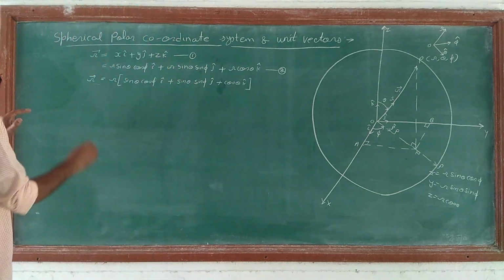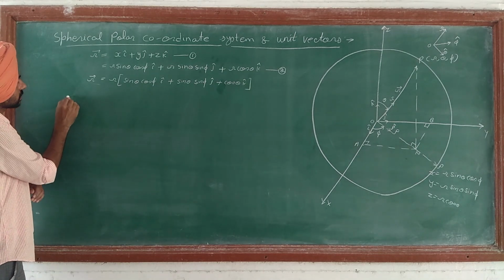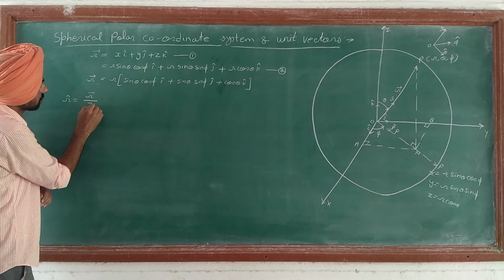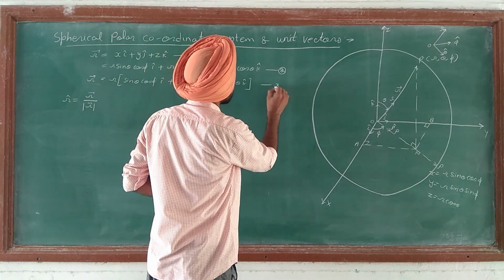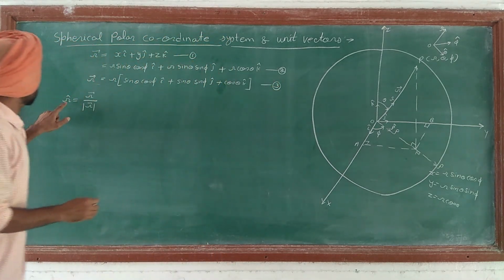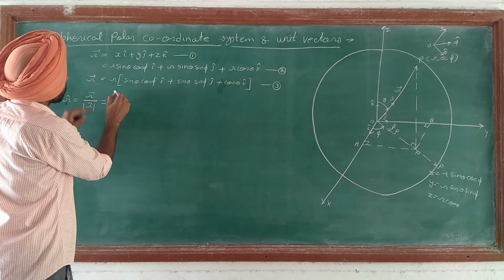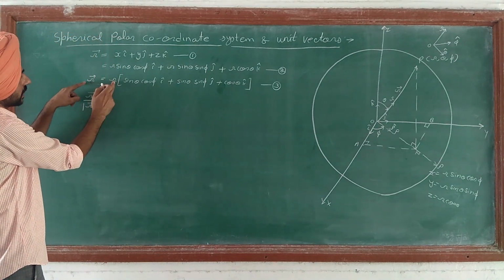So the simple method is, a unit vector is defined as the vector divided by its magnitude. So from equation 3 we can write r cap equal to vector r divided by its magnitude.